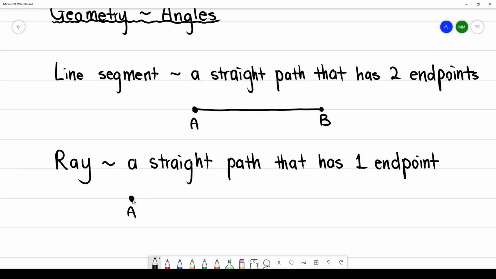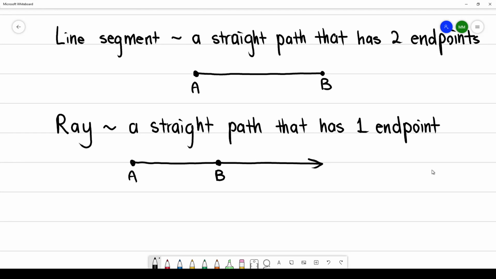So if this is A, then this goes on for infinity. So it goes on and on and on. Well, we often like to put a B over here. So we call this ray AB, but essentially it's just from A and then traveling all the way to infinity.